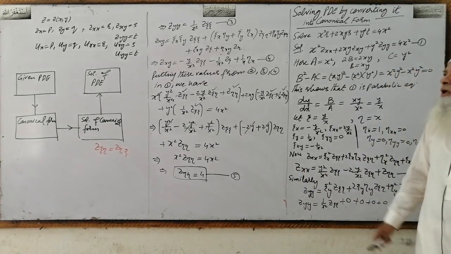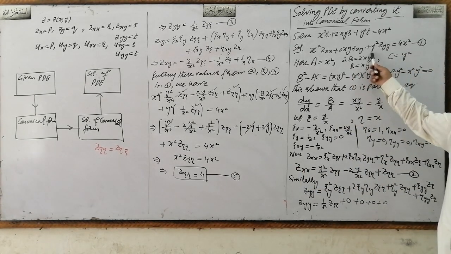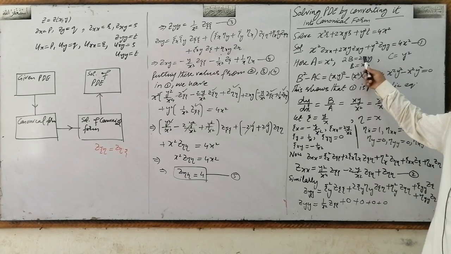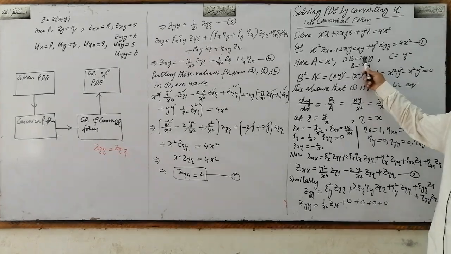Look at here. This is a very difficult differential equation. This is a second order differential equation. This involves second order derivative with respect to x, with respect to y, and mixed derivative. And one factor which makes it more difficult is that this is a differential equation with variable coefficients, because the coefficients of the derivatives are variables.